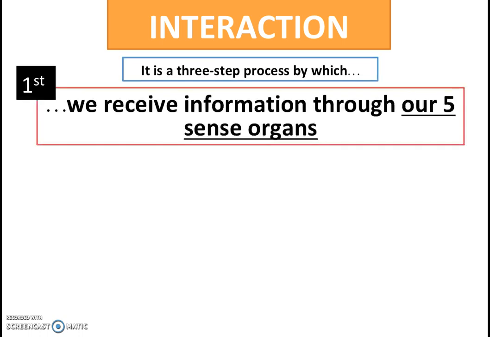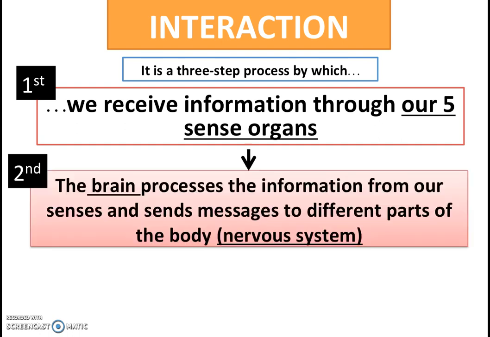So, first of all, we need to get information from the environment through our 5 senses. Second, this information is sent really fast to the brain, where it's going to be analyzed and processed, and in return the brain is going to create a specific message, and that will be sent to different parts of my body.